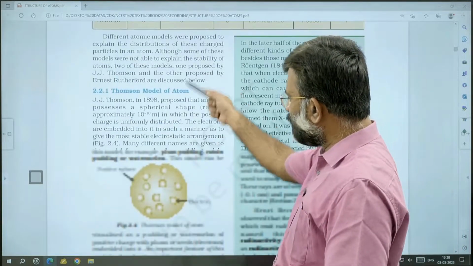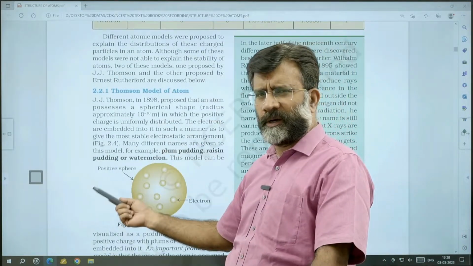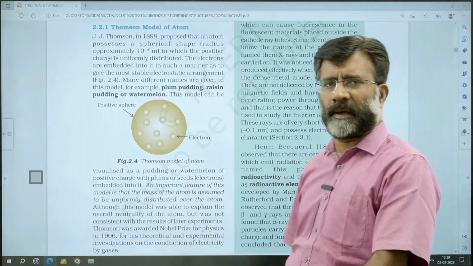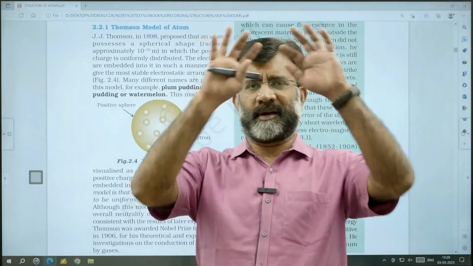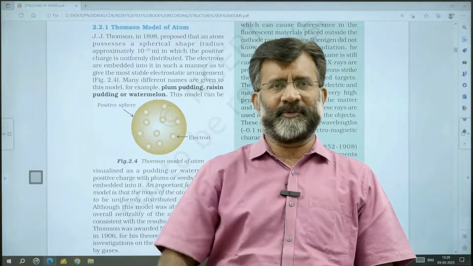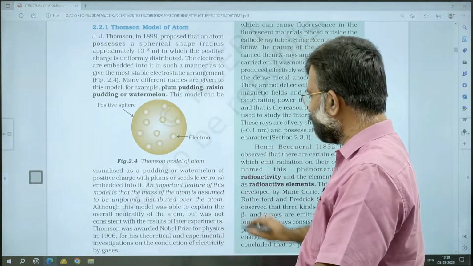Then the topics learned in lower classes itself. Thomson atomic model, the Thomson plum pudding model of atom. The atom is considered as a positive sphere and electrons are embedded in it. All of you know the Thomson model of atom.